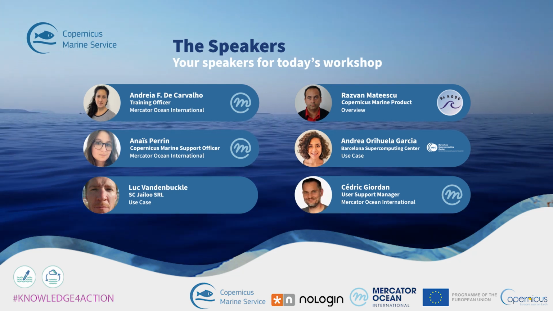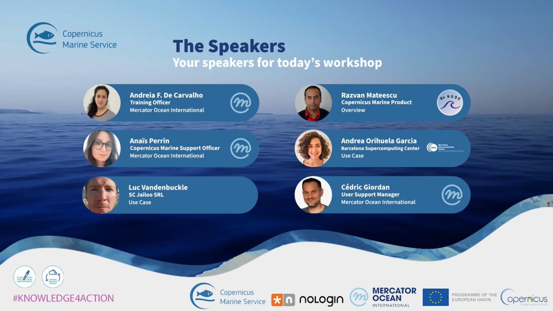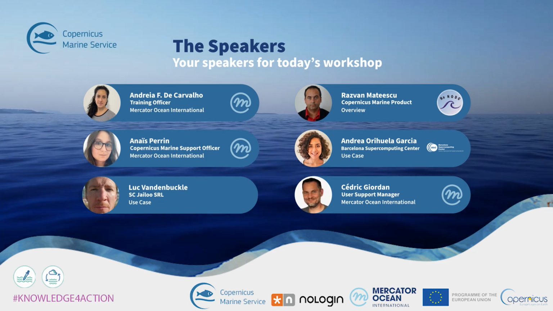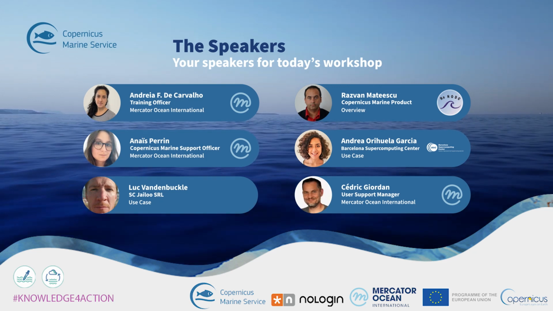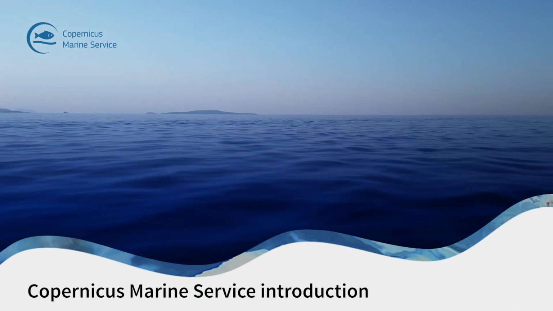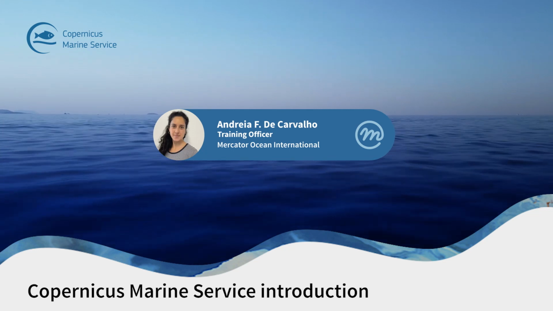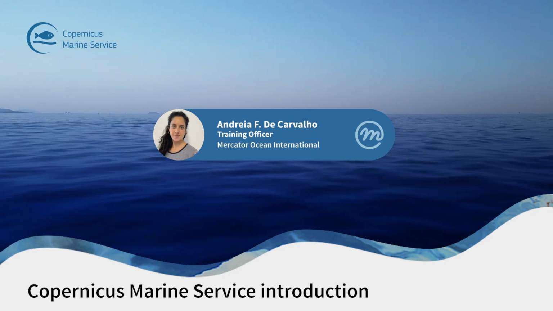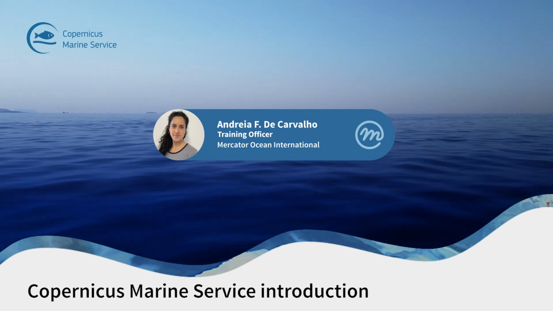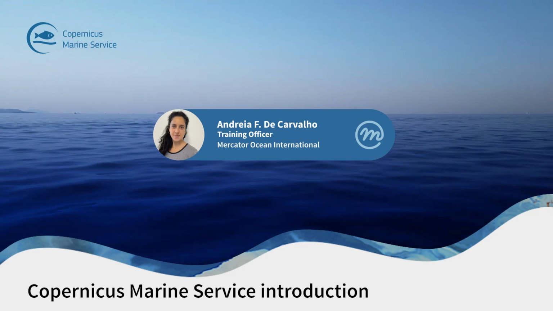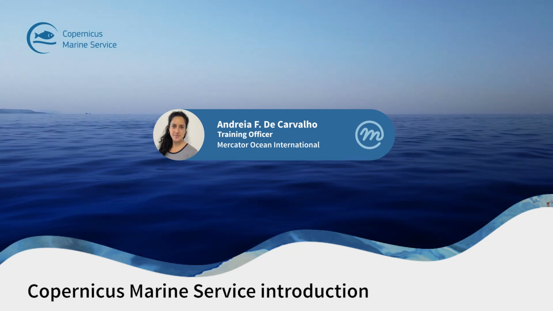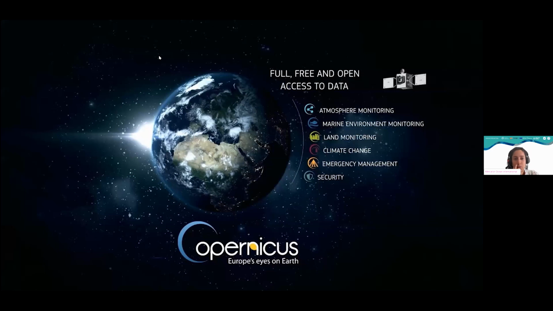Okay, and now to start our round of presentations, I will give you an introduction to the Copernicus Marine Service. If you are new here, if you haven't heard about Copernicus or the Copernicus Marine Service, Copernicus is the European Union's Earth observation program.